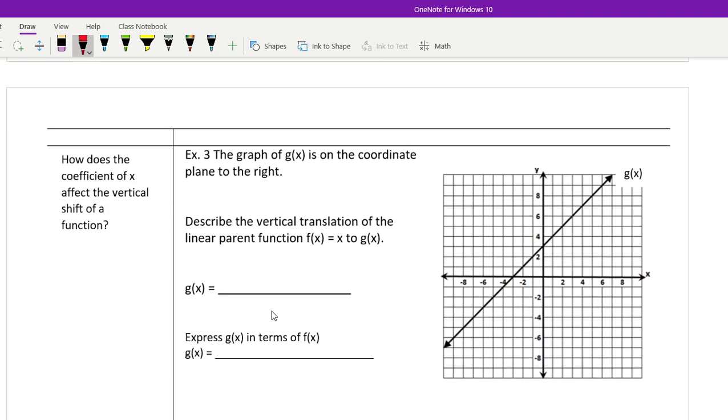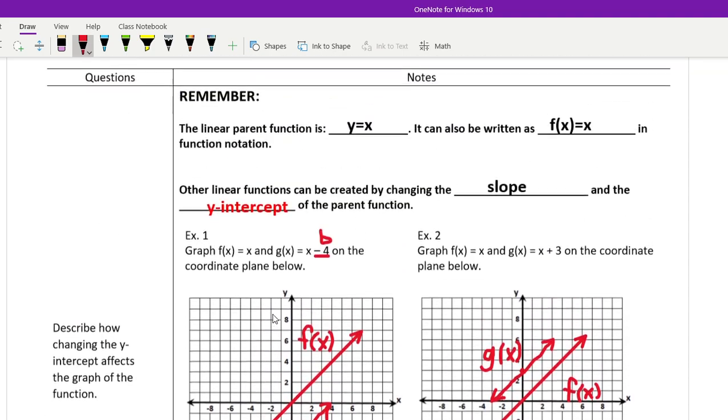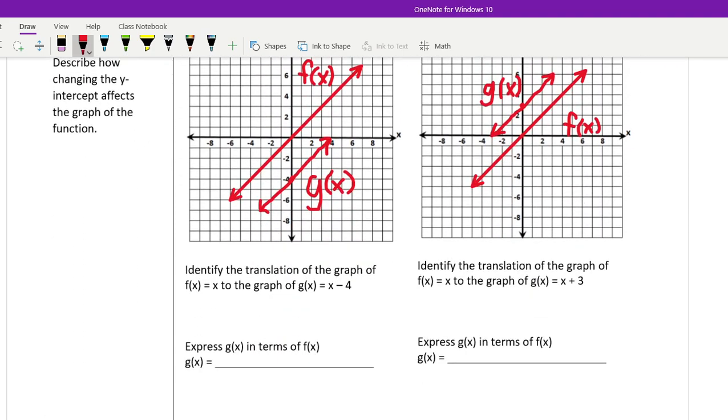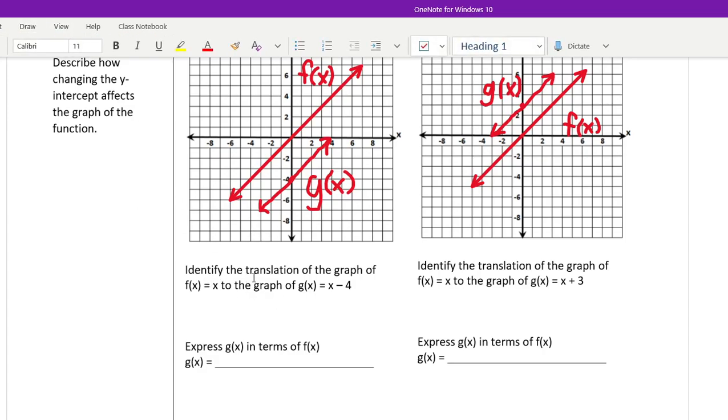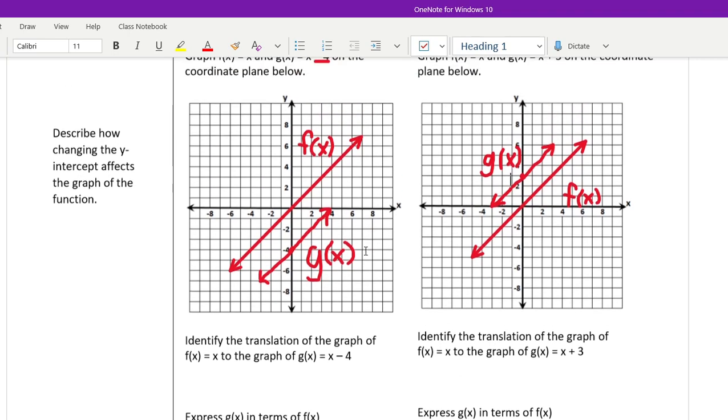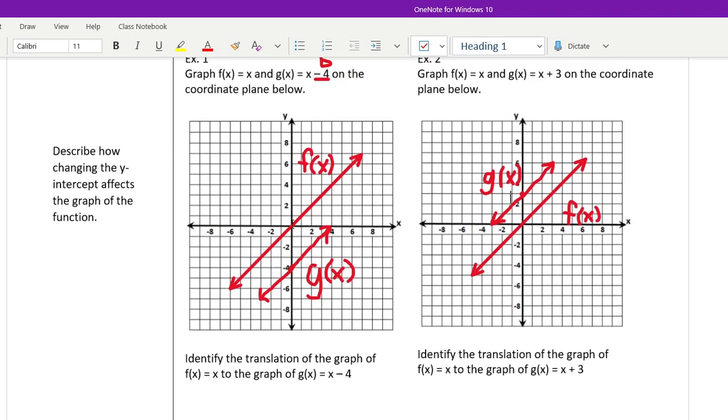When we're looking to identify the translation, as I stated, starting from our f of x, we want to focus on our origin, and we want to see how it shifts when we are only changing the y-intercept value, our b.